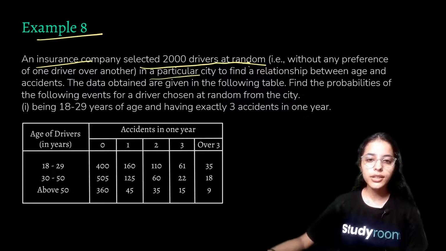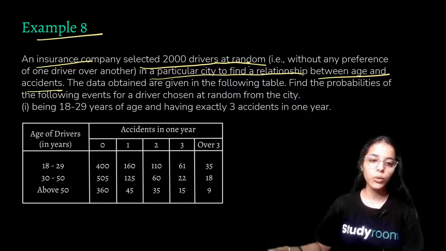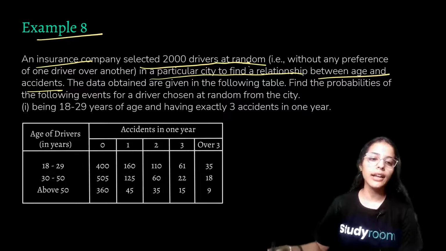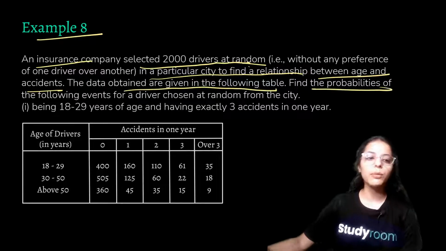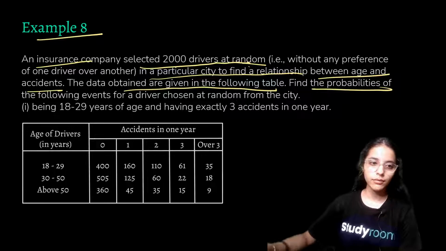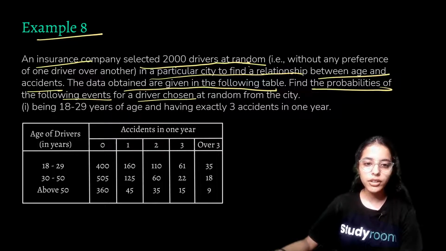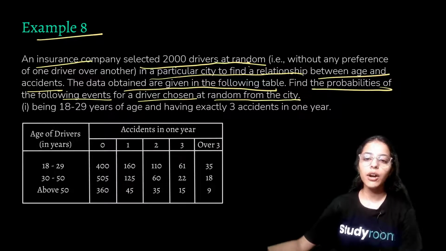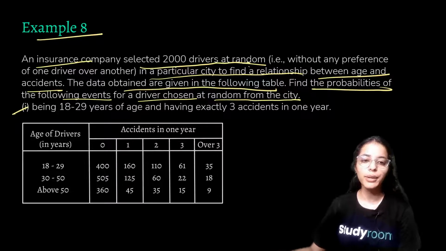Now, in a particular city, they want to find the relationship between age and accidents, and they have recorded the data about these, and we have to find the probabilities of the following events for a driver chosen at random from the city.